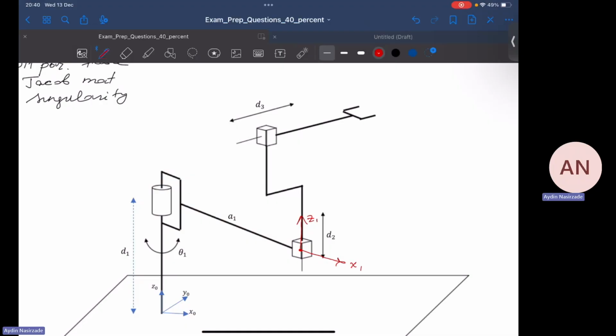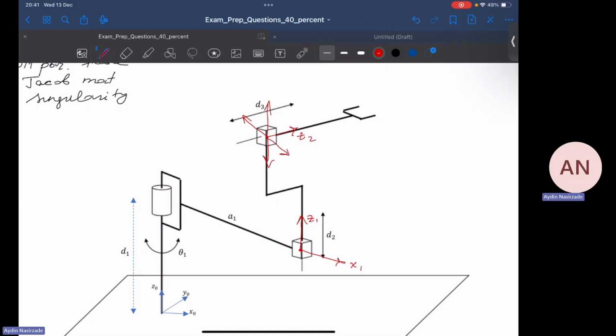Then, moving on to the next one. Usually, we all the time choose the origin of a frame in the joint. Okay, let's try to do it. Let's say this is Z2. Now, the next step is to find the X2 axis. It can be either here, here, upwards, downwards, and nothing else.